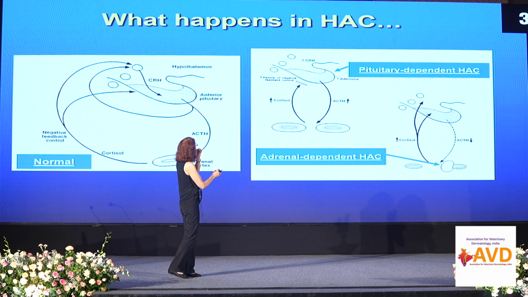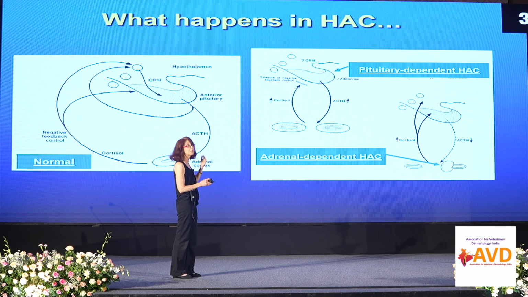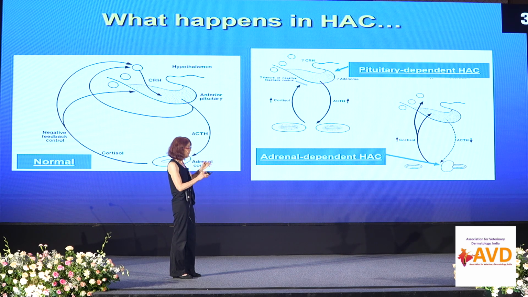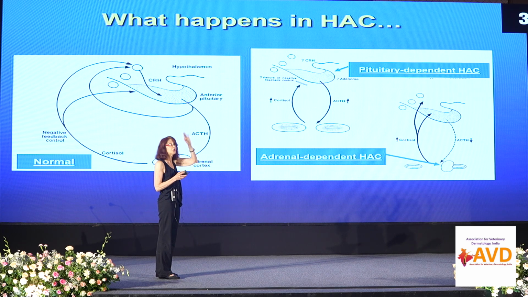That's what happens. Now, the adrenal tumor occurs in 15 to 20% of the cases you'll see, so much less. Usually they are unilateral, but they can be bilateral. It can be an adenoma or an adenocarcinoma, and it produces cortisol completely independent of the pituitary gland. All that cortisol reaches the circulation, and because the feedback mechanism is working, the pituitary gland is fine, there's no tumor there, and it stops secreting ACTH.